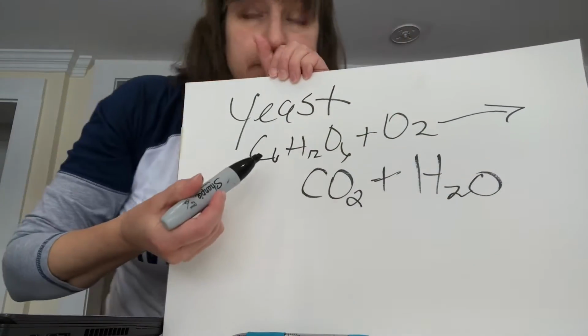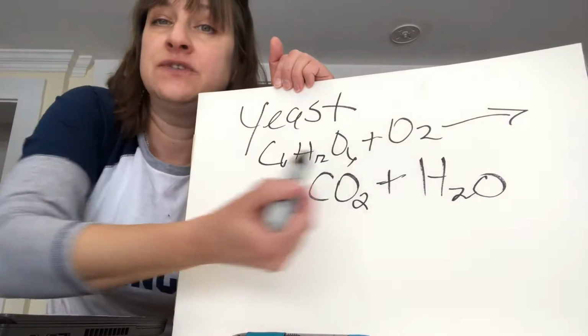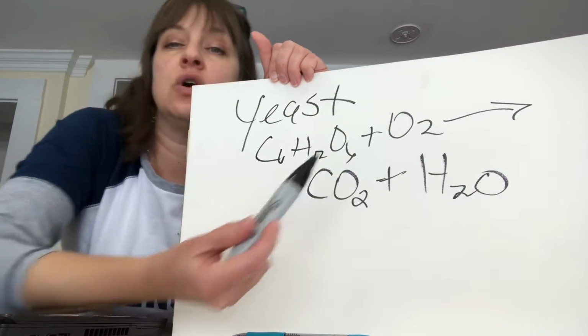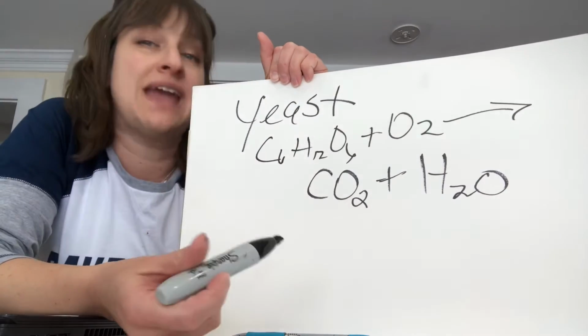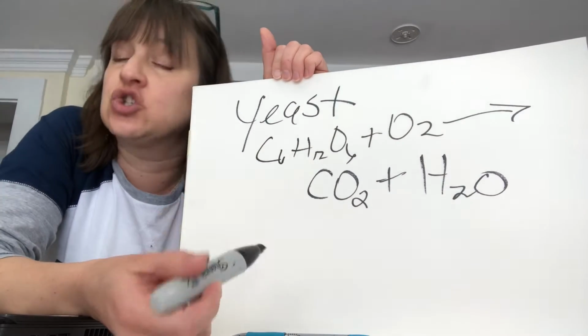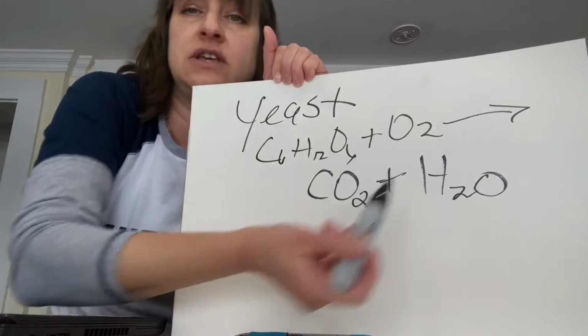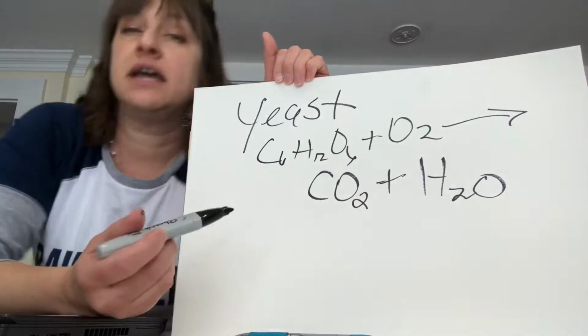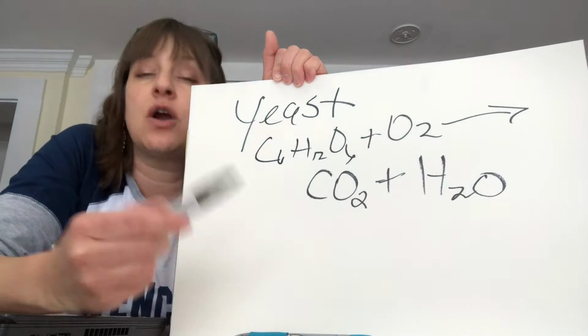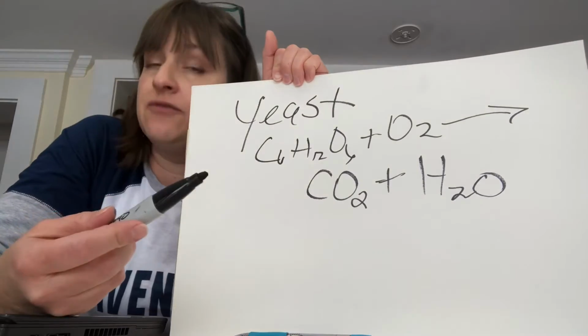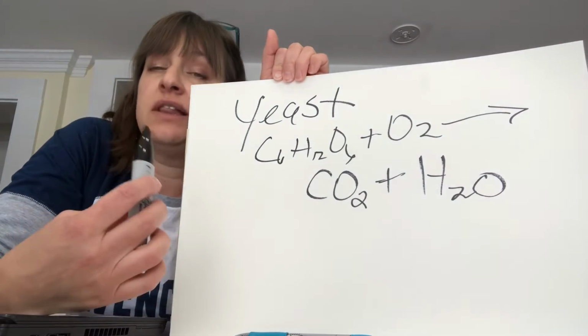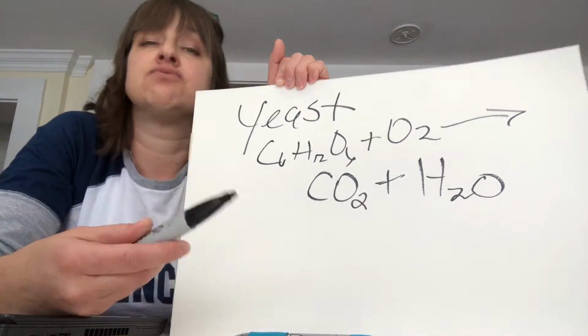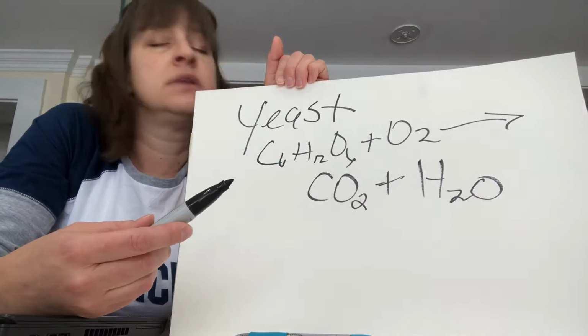So anything to the left of the arrow, the glucose and the oxygen, these are our reactants, the things you're starting with. And these two things, the carbon dioxide and the water, those are our products. That's what is made from this reaction. So left of the arrow, reactants, right of the arrow, products.